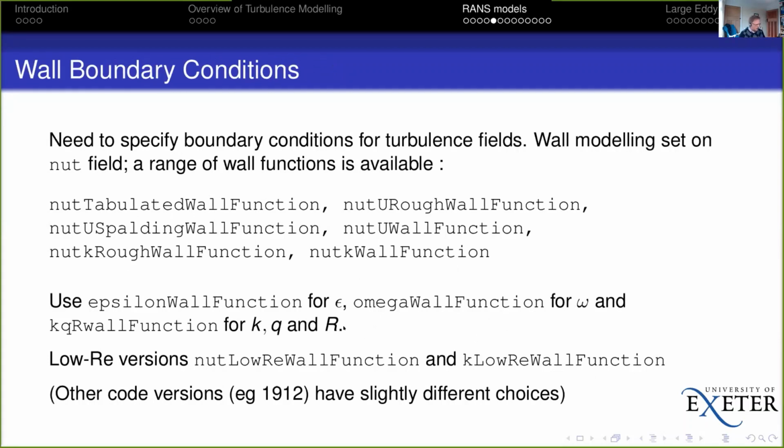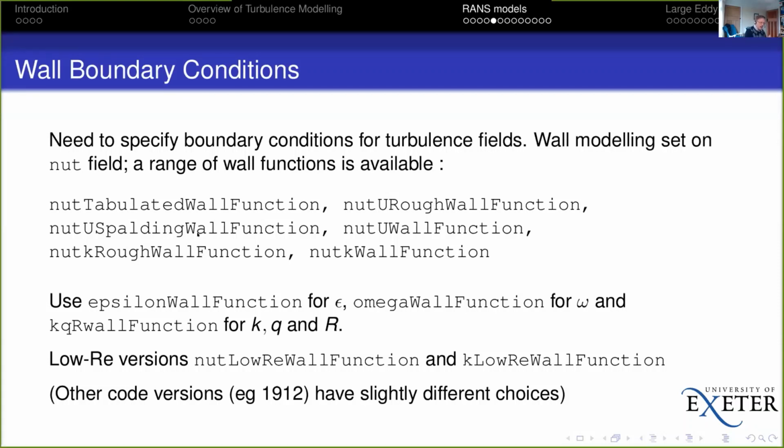And in OpenFOAM, the basic wall boundary condition is implemented on the nut field, the turbulent viscosity field, and there's a range of wall functions available. And once again, this is an area where the different versions of the code do things very slightly differently. nutkWallFunction is the standard one here, but there are a number of other ones. In particular, I think the Spalding wall function is the switchable one. I forget exactly.